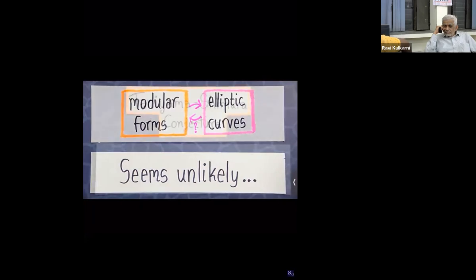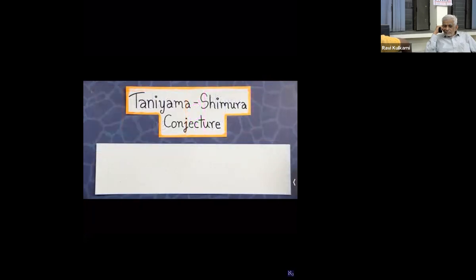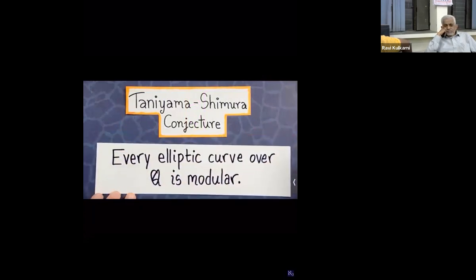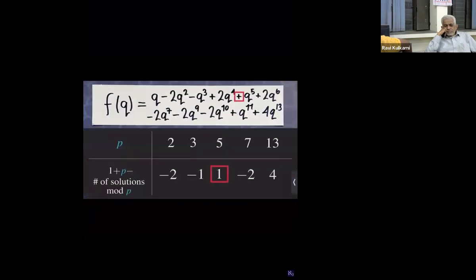But in 1967, this feeling was formalized into a conjecture that became known as the Taniyama-Shimura conjecture. Every elliptic curve over Q is modular. That is, for every elliptic curve over Q, there is a modular form whose coefficients are essentially the number of solutions mod p to this elliptic curve.